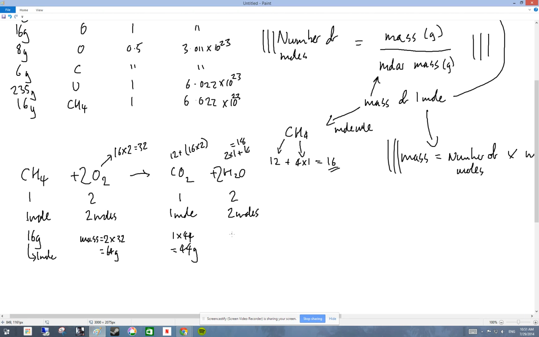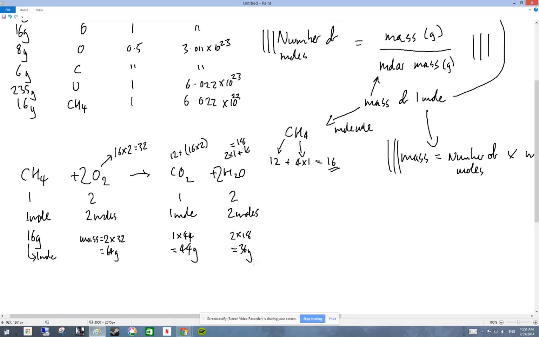So this is going to be 2 times 18, because we've got 2 moles of it. 1 mole would be 18 grams, 2 moles is 2 times 18, which is 36 grams. So by doing this moles calculation, we know we start with 16 grams of methane, we're going to make 36 grams of water, and we're going to make 44 grams of CO2, and we're going to need 64 grams of oxygen to bring that about.